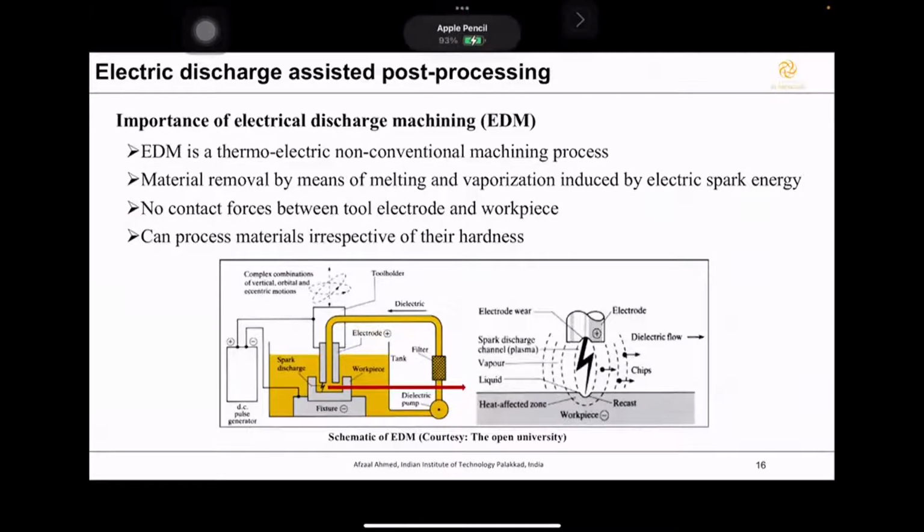It is basically a sequence of sparks to remove material from the surface. You have the job dipped into a dielectric medium, and then you apply a potential across the electrode, and based on the CAD model, or basically the CAD program, you get the final surface on the job. So we thought this is also a kind of machining process.